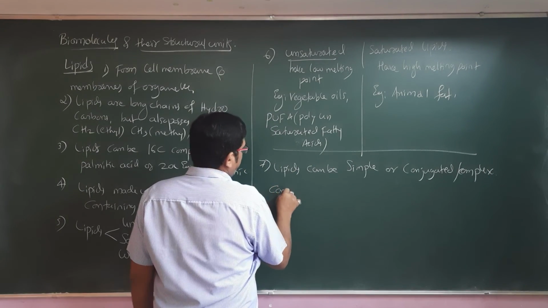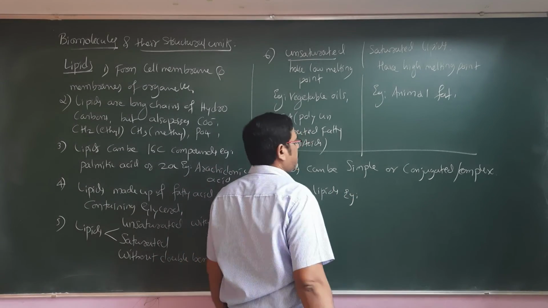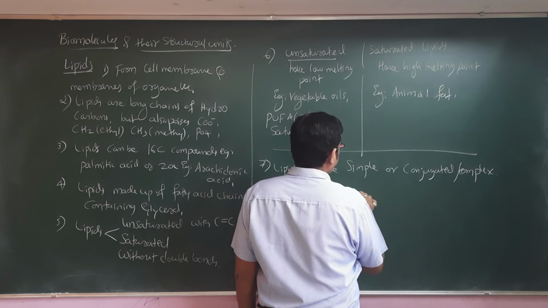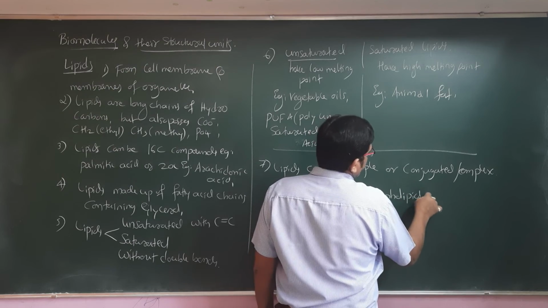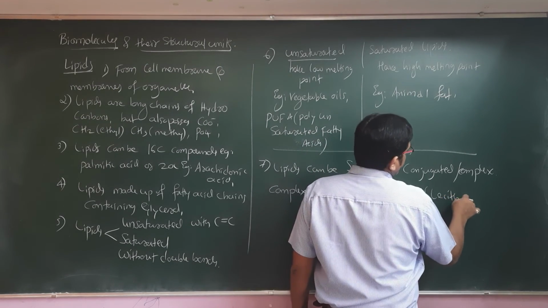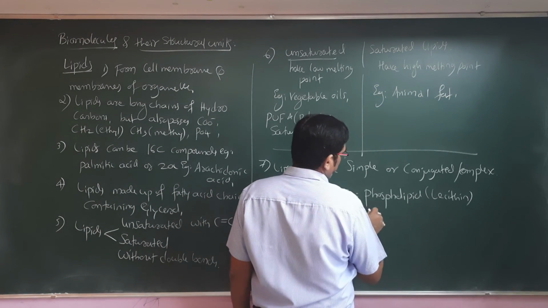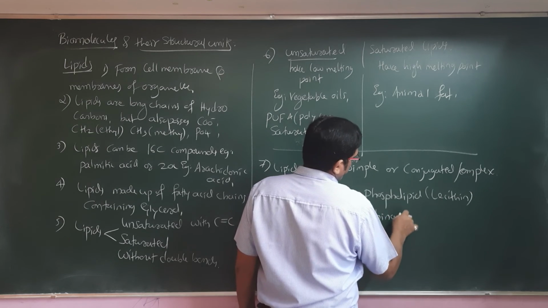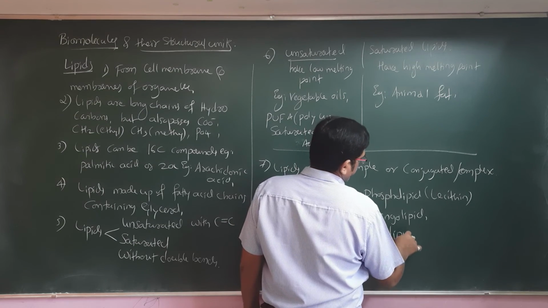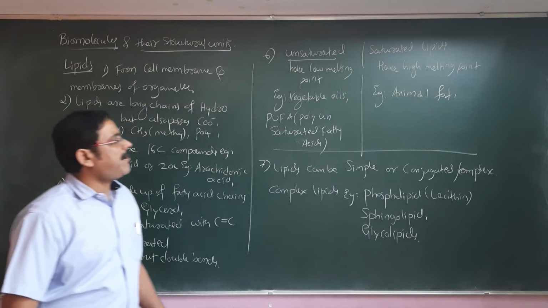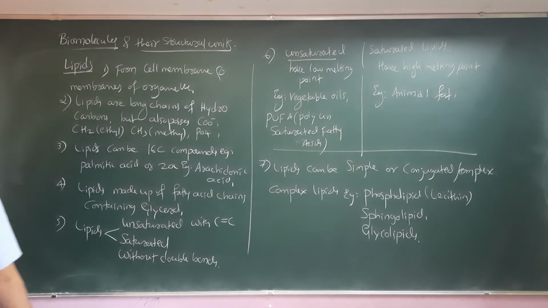The complex lipids, for example, are mainly the phospholipids such as lecithin, which is abundantly there in the egg yolk. It can be sphingolipid, it can be glycolipids. So these are the few basic points related with the lipids by their chemical nature. Yes, we need to know all these.